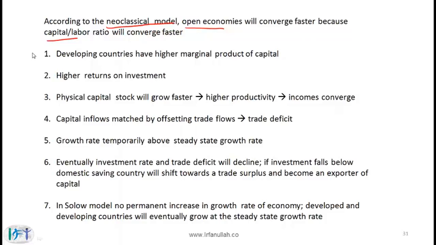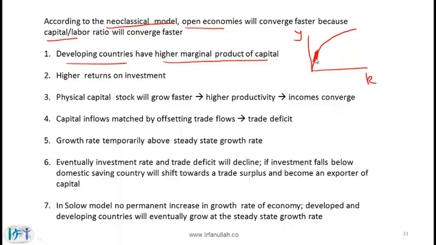Now let's look at what happens from the perspective of a developing nation. So developing nations have higher marginal product of capital. I mentioned that briefly, but just as a quick refresher, if this is the production function, this is our output per labor, this is our capital per labor.